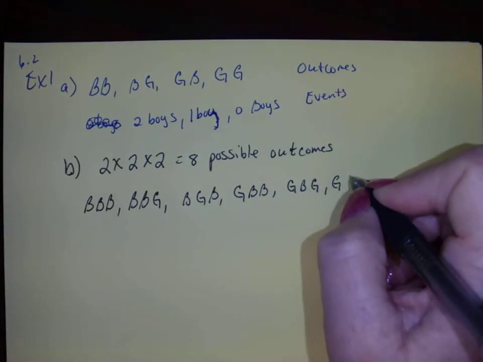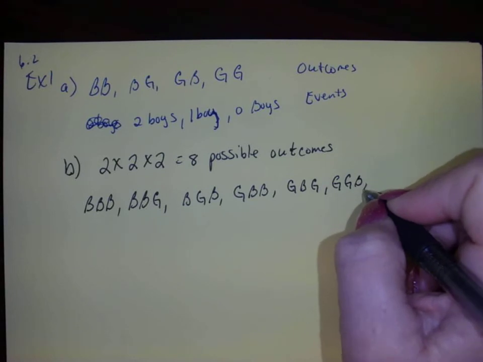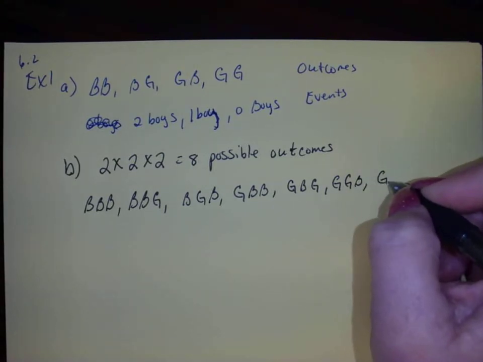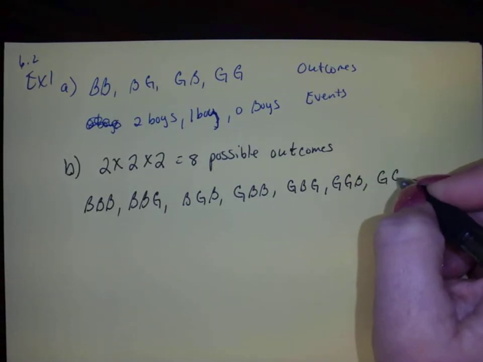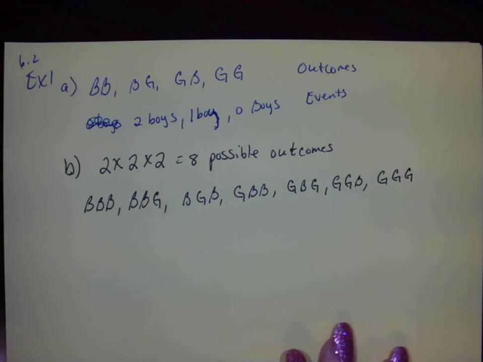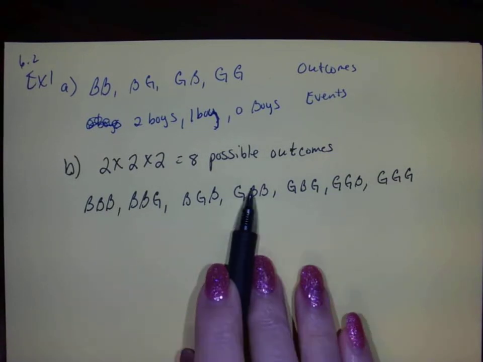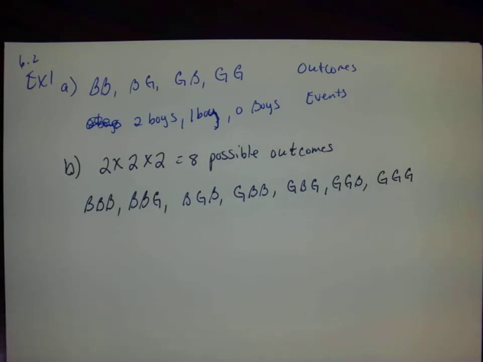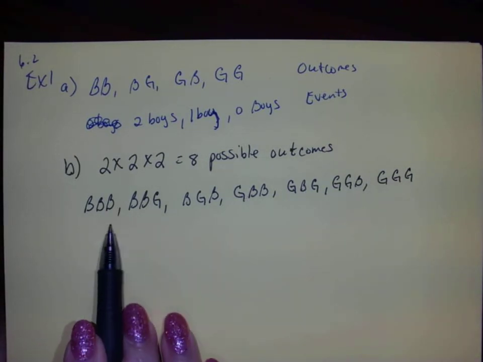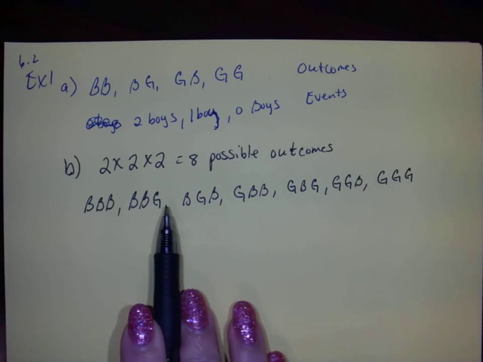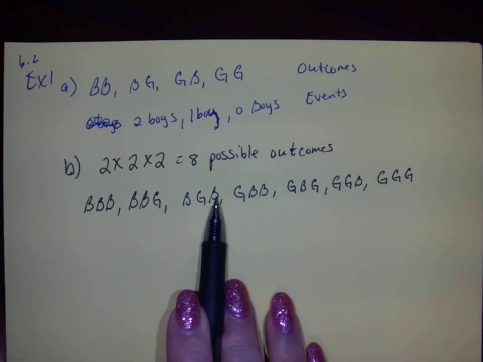We could have 2 girls and a boy, or we can have 3 girls. So 1, 2, 3, 4, 5, 6, 7. All right, we're missing one, so let's go back and look. We have 3 boys, 2 boys and a girl, a boy, a girl, a boy.